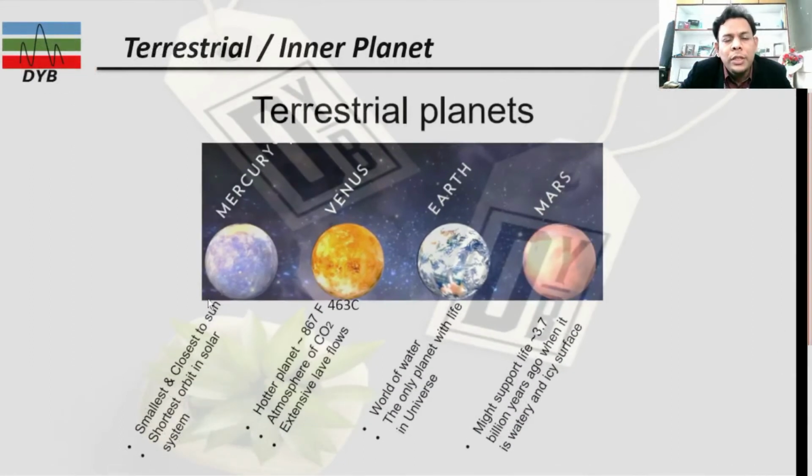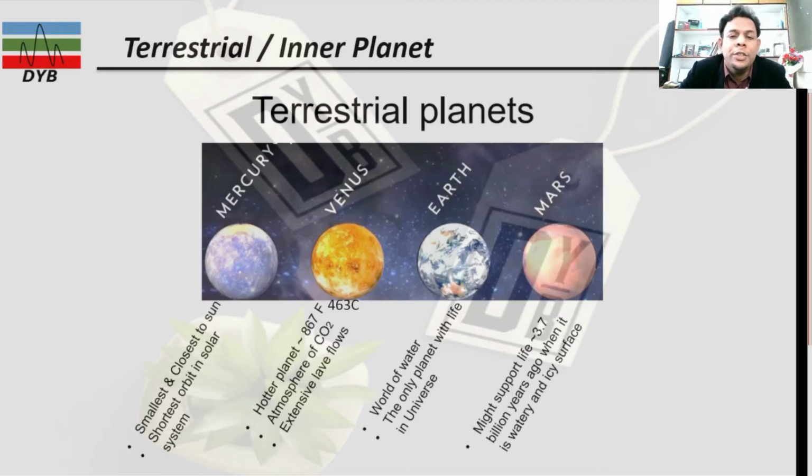Moving further to the terrestrial or inner planets, Mercury is the smallest and the closest to the sun, with the shortest orbit in the solar system. Obviously, since it's near the sun, the orbit of Mercury is much shorter. Venus is actually the hottest planet in the solar system, at 463 degrees Celsius, and its atmosphere contains carbon dioxide, and there are extensive lava flows.